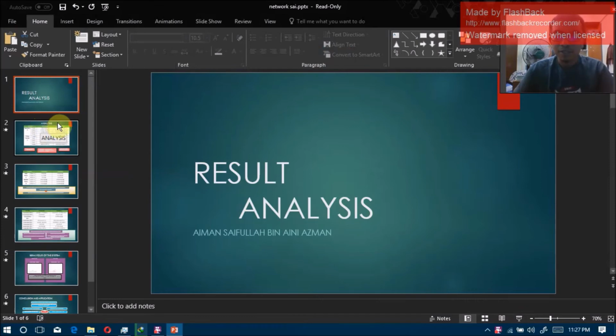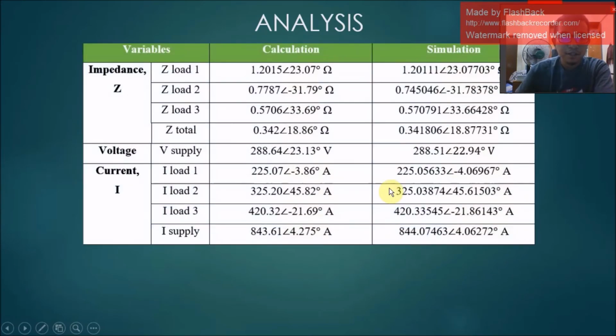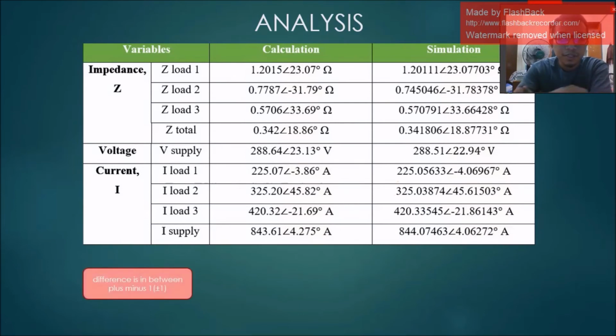So now we go to the next part, which is result analysis. Here is the table showing the data of calculation and simulation of our findings, and as you can see, there is impedance, voltage and current.